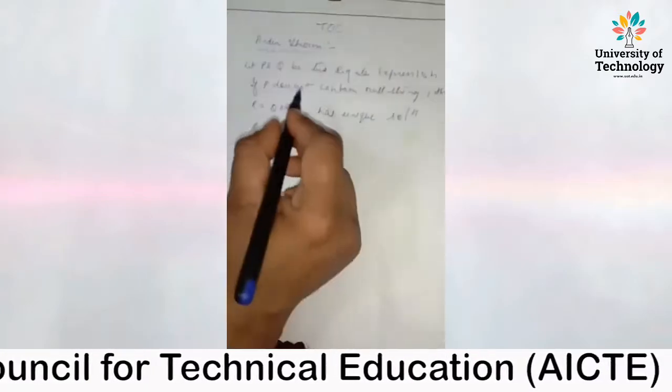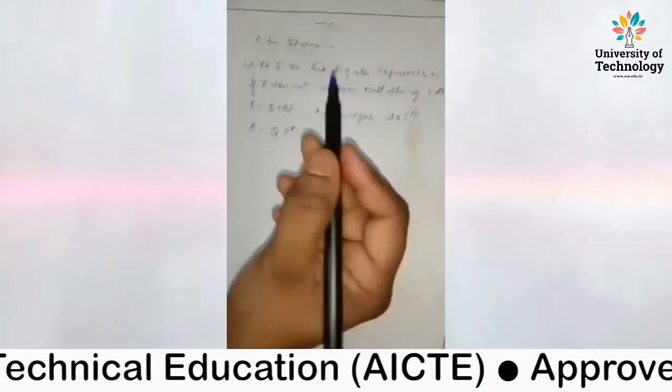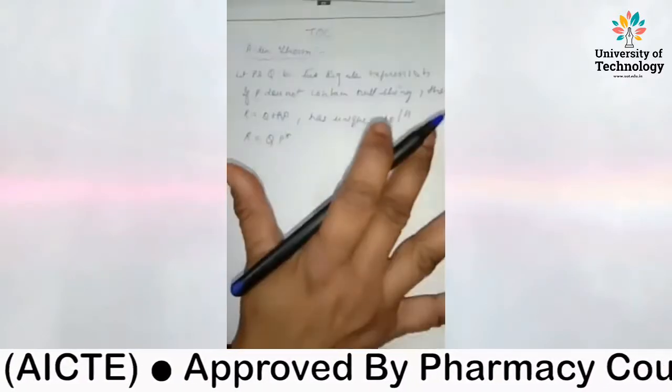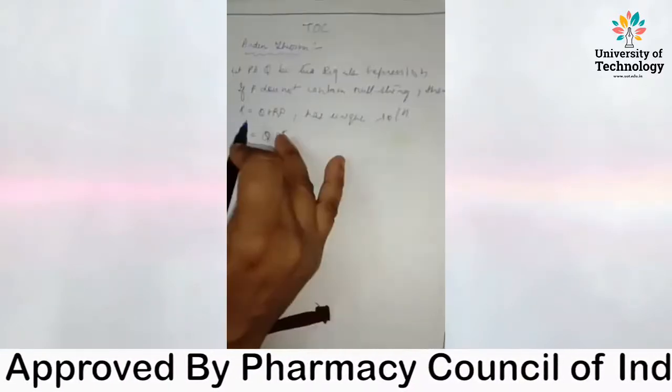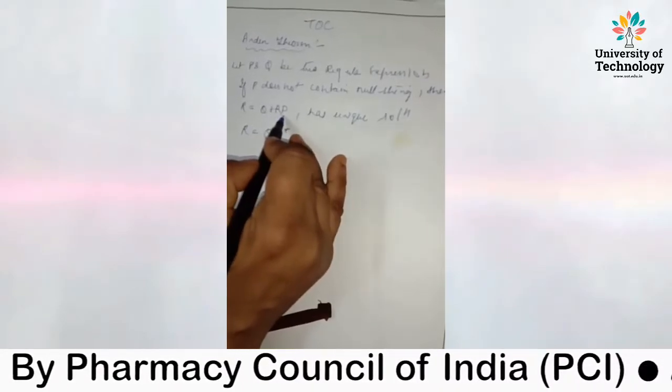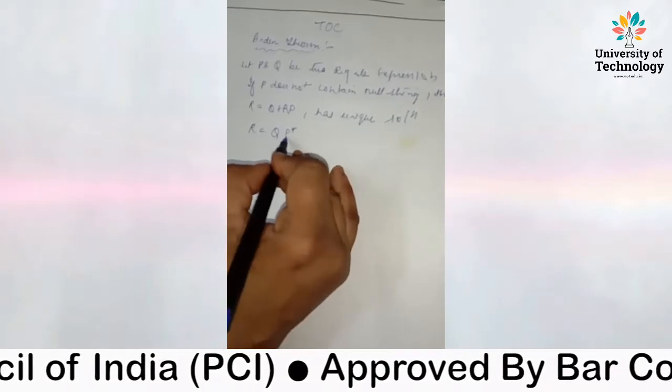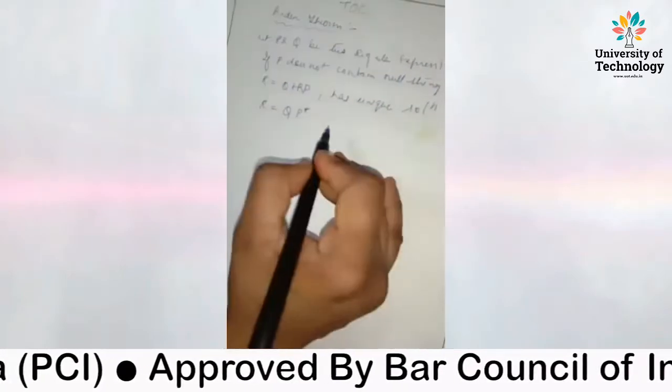This is what Arden's theorem says: according to Arden's theorem, if P and Q are any regular expressions and P does not contain any null string, then R equals Q plus RP has a unique solution. That means R is equal to Q P Kleene closure, and this is what we have to prove.